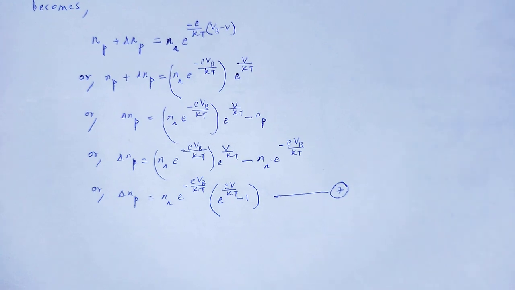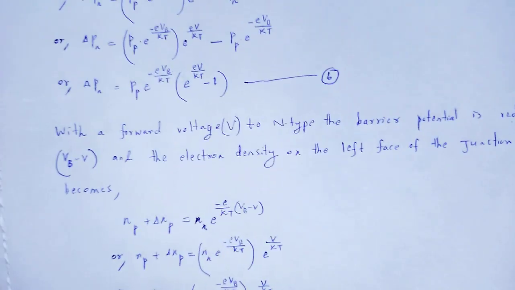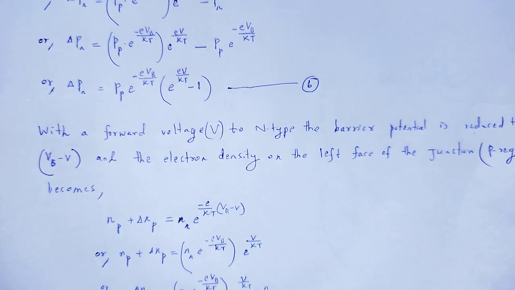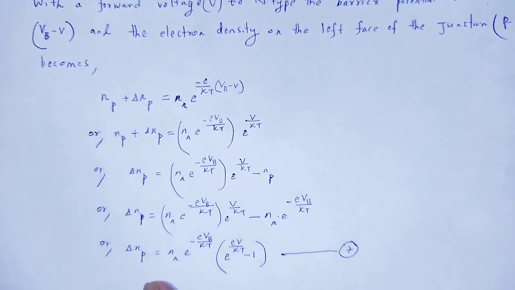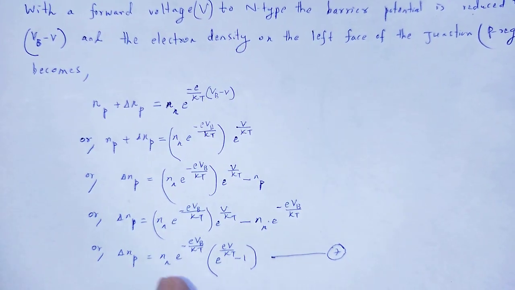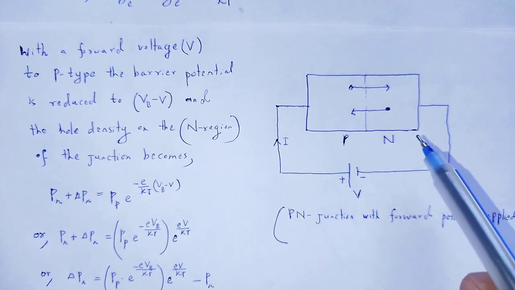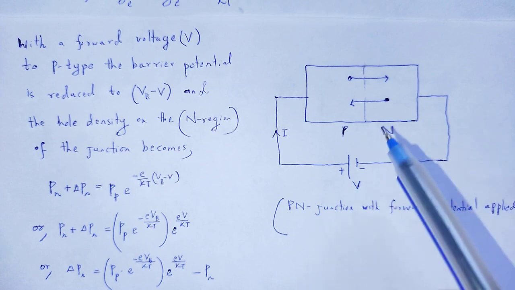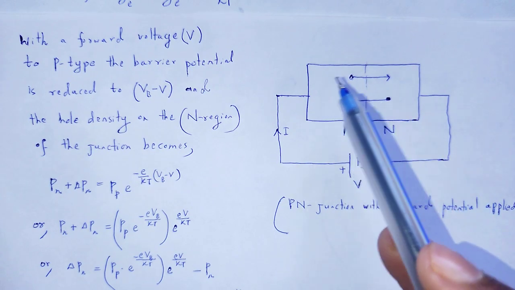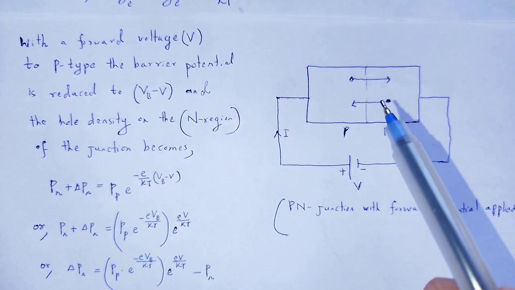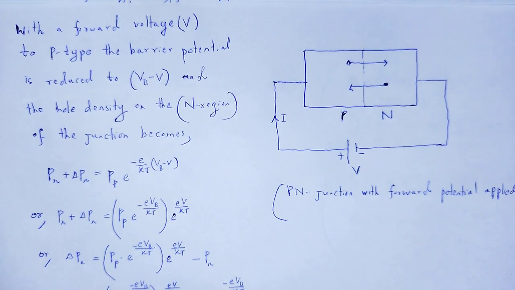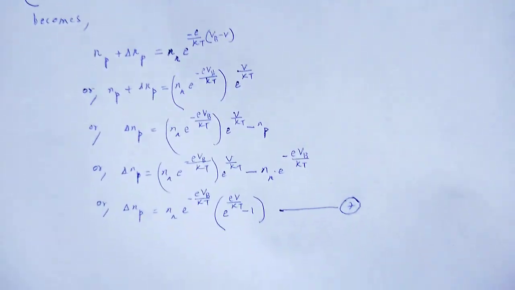Now we have del Pn and del Np, as we apply some external potential to the step graded PN junction. Therefore, a current flows through the PN junction. Now, what will that current be? Let me calculate it.